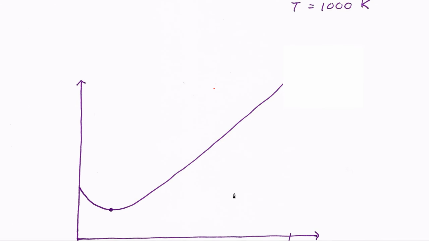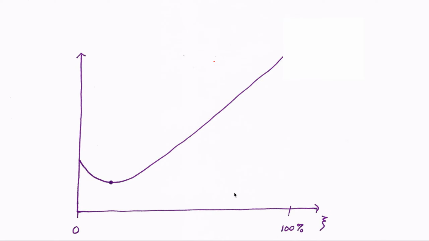And based on what we know about thermodynamics so far, we can expect that this happens for a reason that we can describe in a number of different ways. What I'm plotting here is the free energy, the Gibbs free energy.